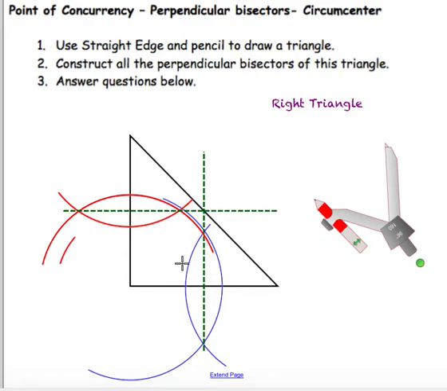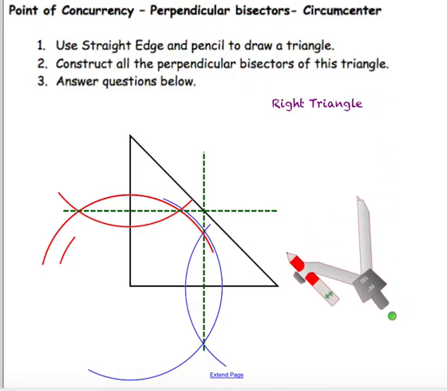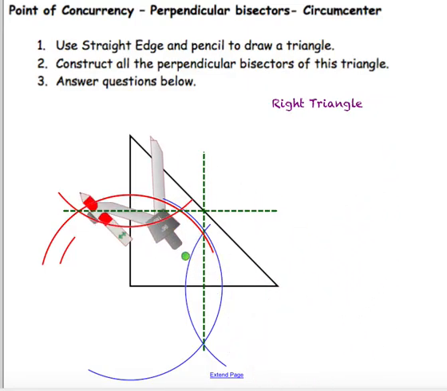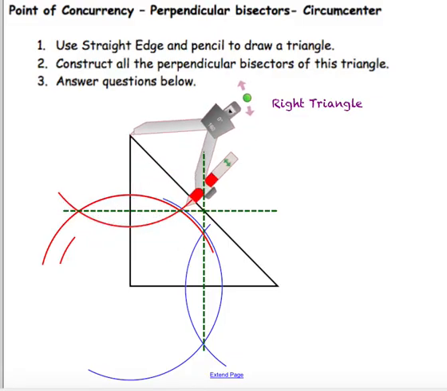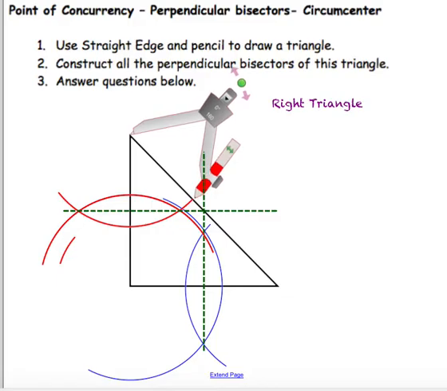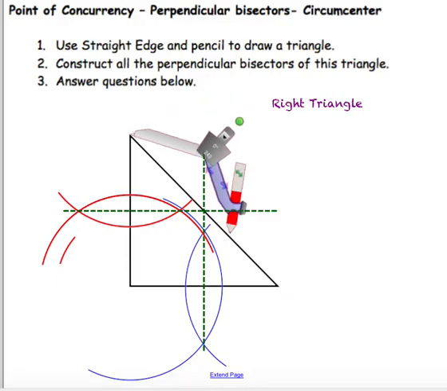There we go. We can see the two lines crossing already. The third one should go through that same spot. If it doesn't, then something is wrong with what we did. So I'm putting this at the edge of that upper right side piece, and I'm going to extend it again.